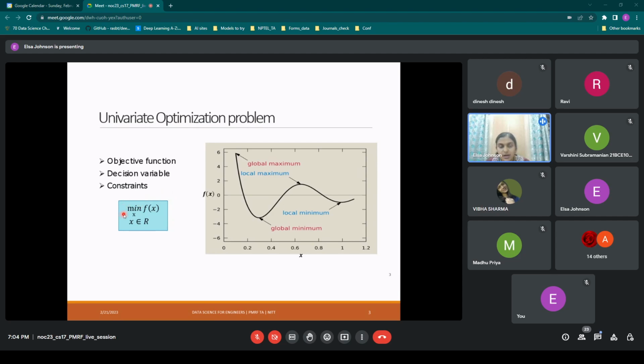Your intention will be to minimize the cost function so that your predicted value will come close to the original value. This is the univariate optimization problem, which varies with one variable.